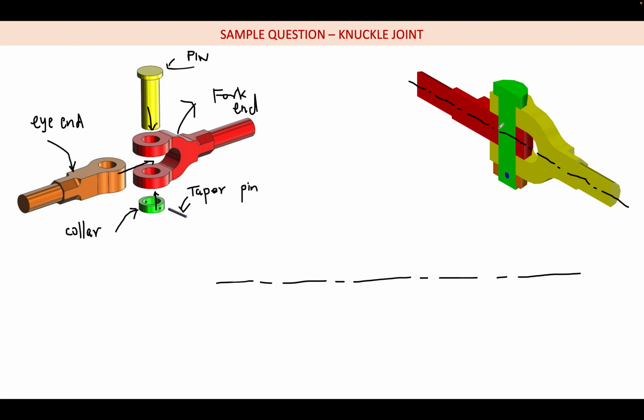So when I am going to section, this is the fork, this is the octagon portion, and this is the shaft portion. When I section this fork, I am going to section like this. This is the material I am indicating for the fork.